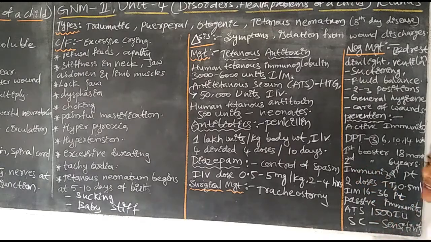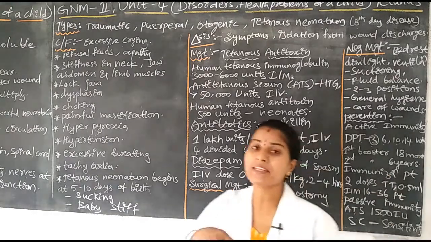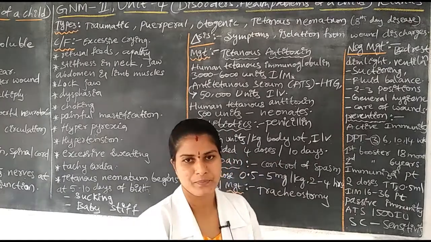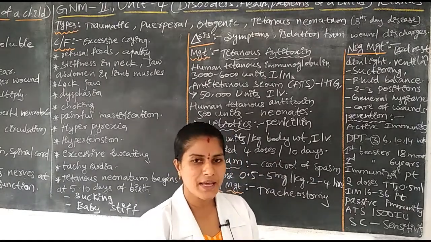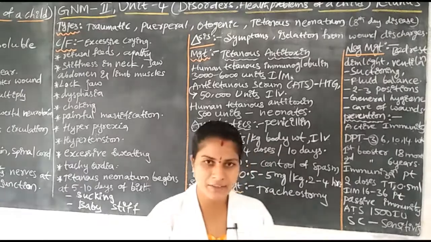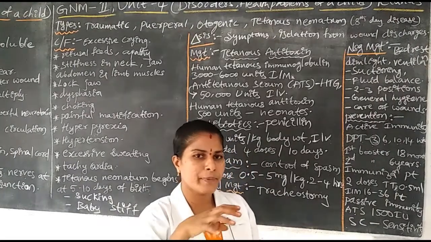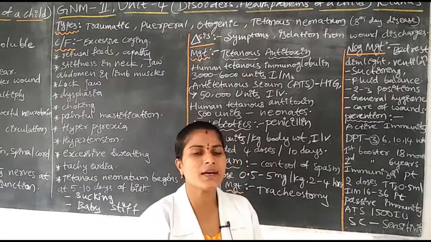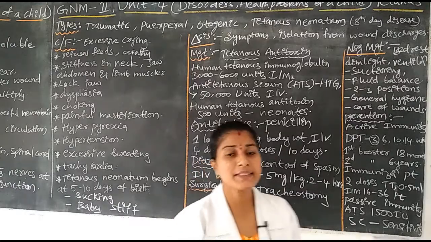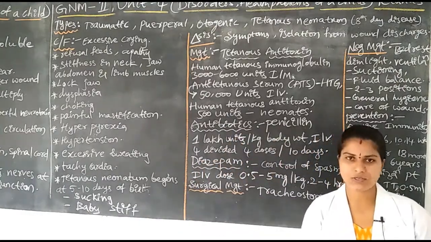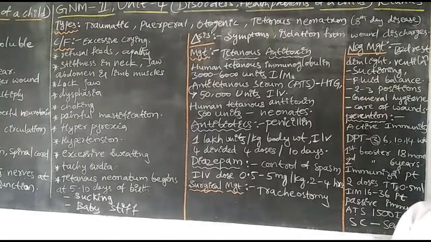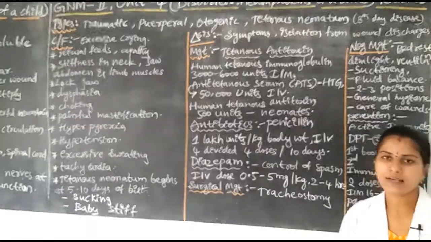Next, for prevention of tetanus we have to immunize the pregnant mother, who is in the antenatal period. The pregnant woman also undergoes a vaccine, TT, tetanus toxoid, for the prevention of neonatal tetanus.